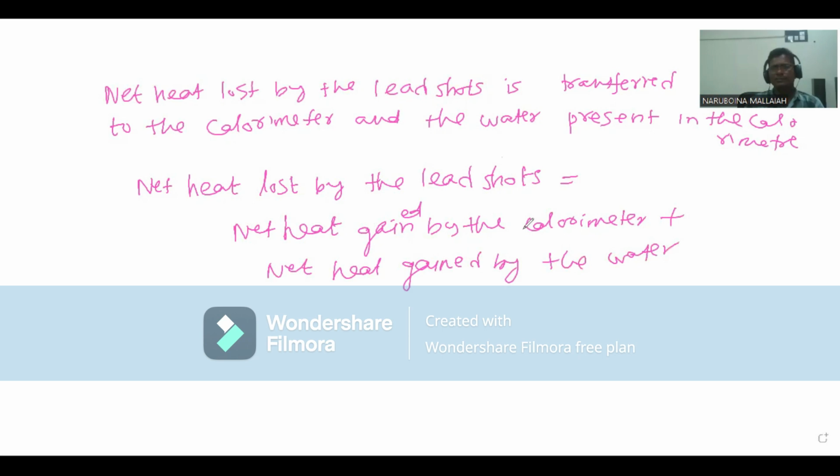This is net heat lost by the lead shots will be equal to net heat gained by the calorimeter and net heat gained by the water. This is called the principle of method of mixtures.